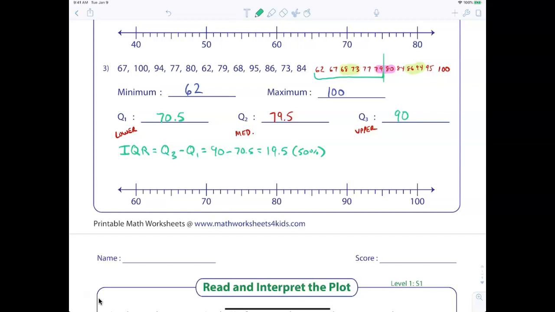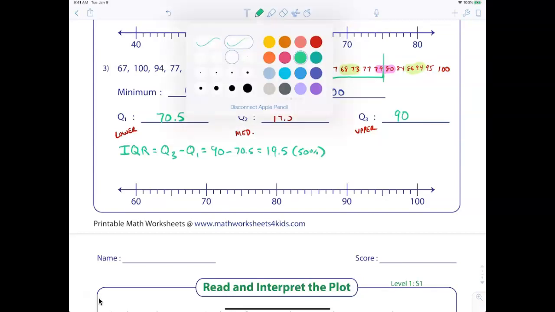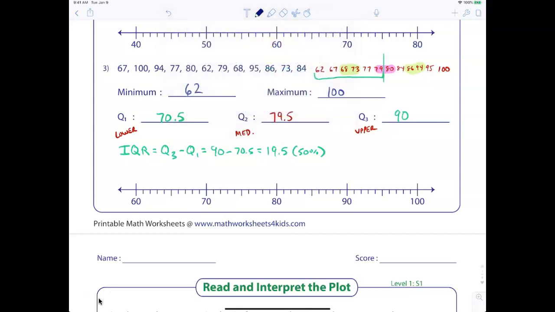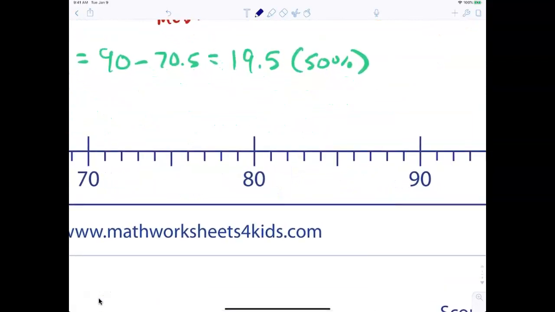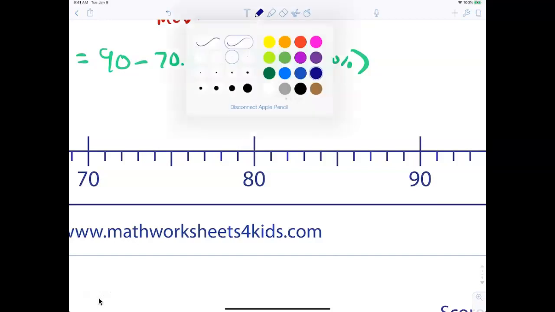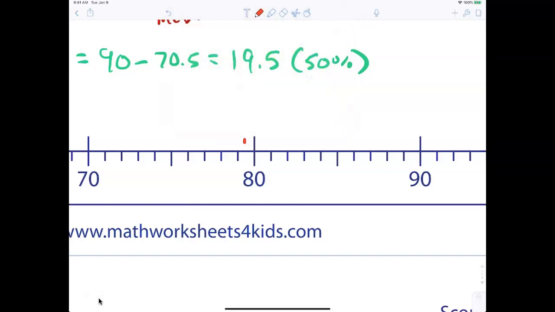All right. Now we're going to try to draw the box and whisker. So here we go. The median was 79.5. I know it's kind of hard to find 79.5. It's halfway between 79 and 80. So I'm going to make a mark right here. I'm going to change the color though. 79.5 goes right here.